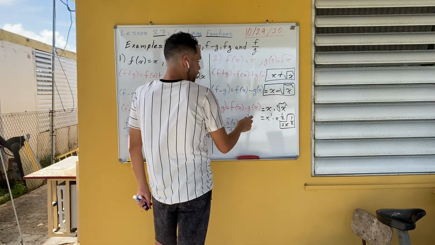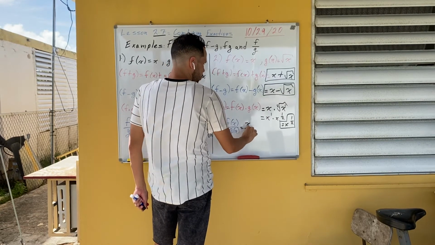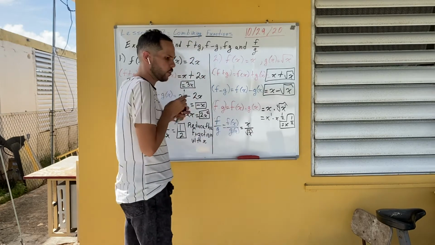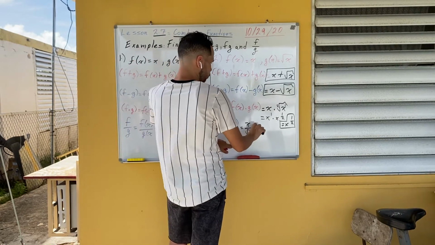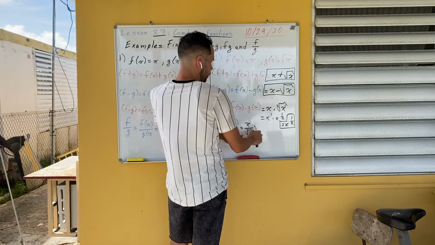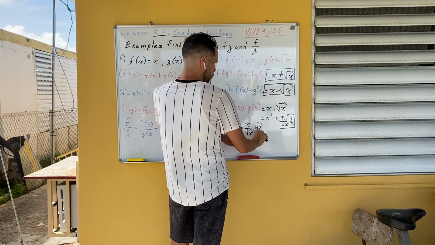It's going to be, f of x is x, so it's going to be x over the square root of x. So we're going to work with this rational expression. We're going to multiply the numerator and the denominator by the square root of x.